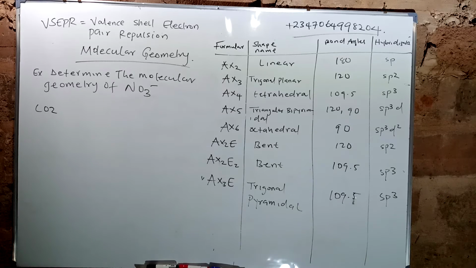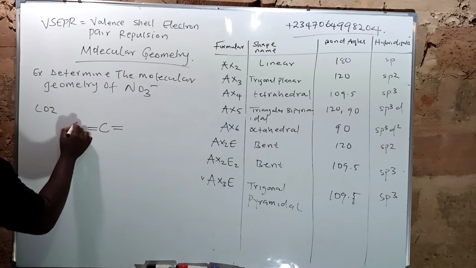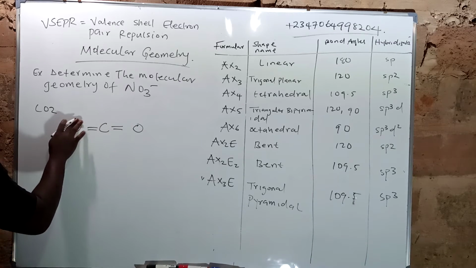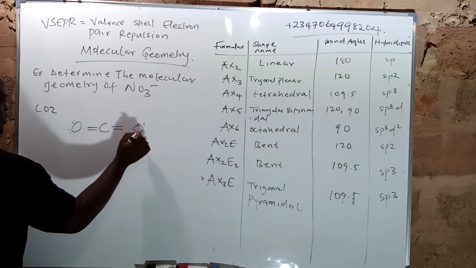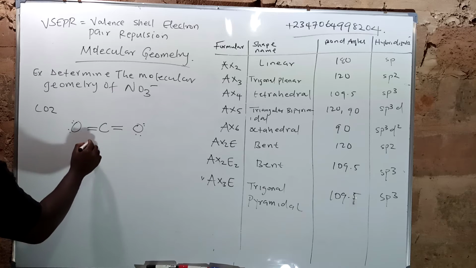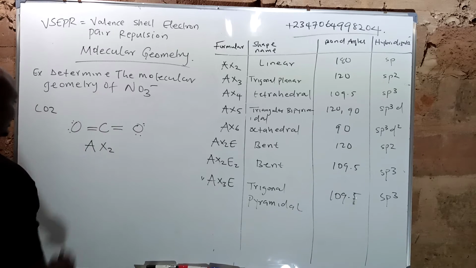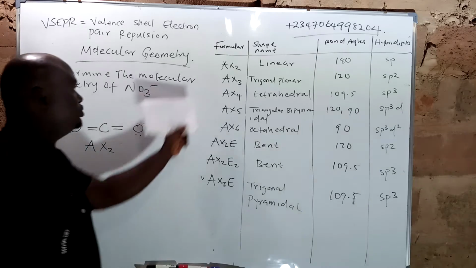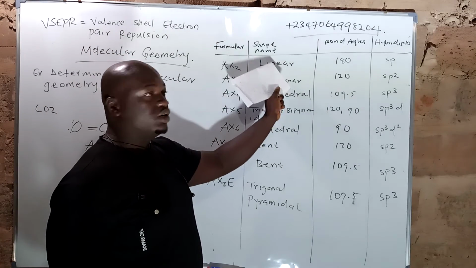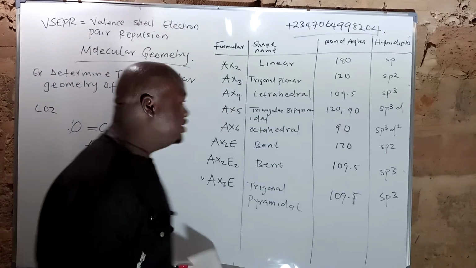CO2 is, because the carbon must be satisfied, you have 2 double bonds here. This is the Lewis structure, and so this is X. How many atoms? 2. Do you have a lone pair on the central atom? No. So of course CO2 is AX2, and the shape is linear. The bond angle is 180 degrees, and it is sp hybridized.